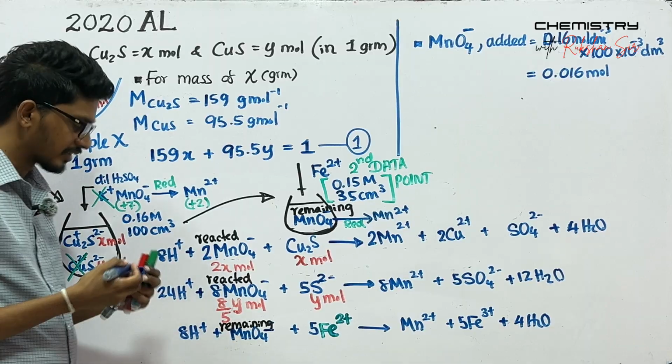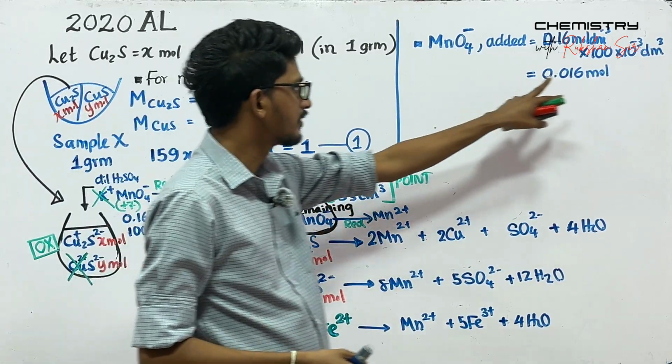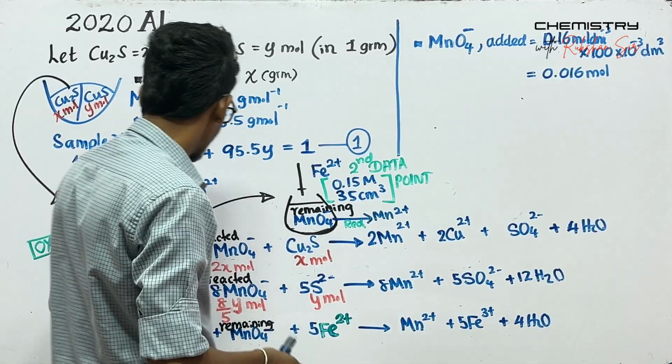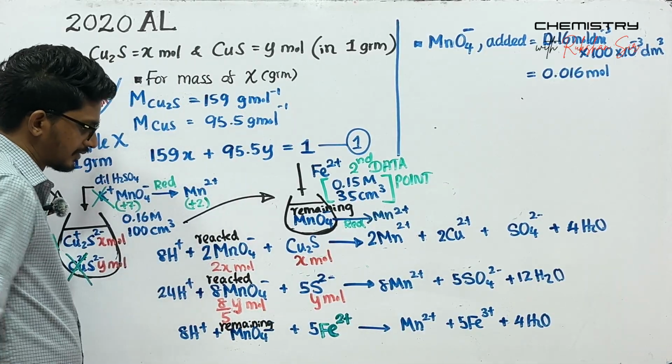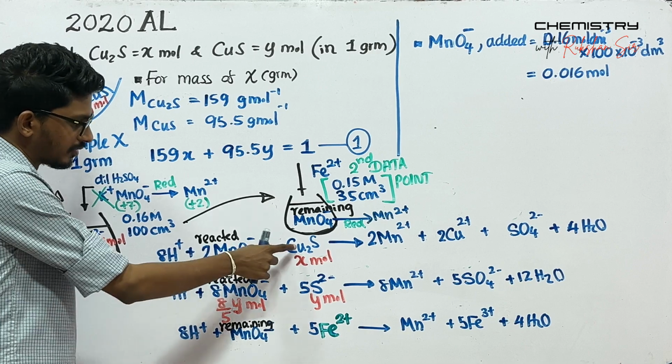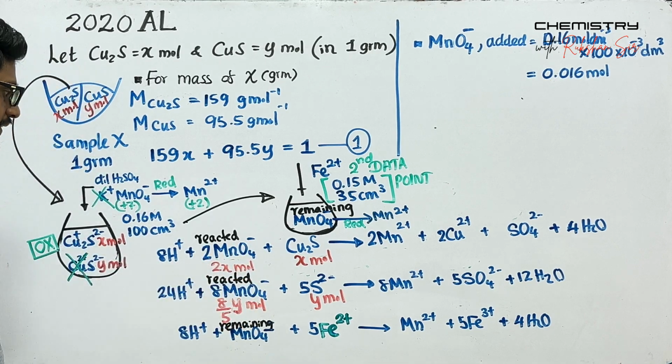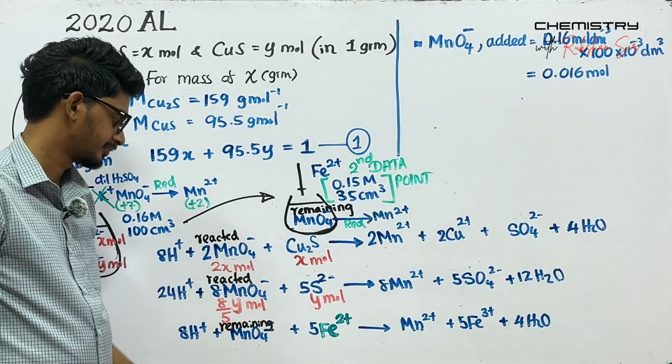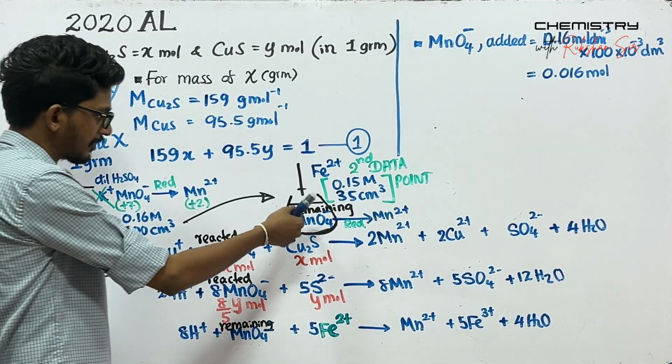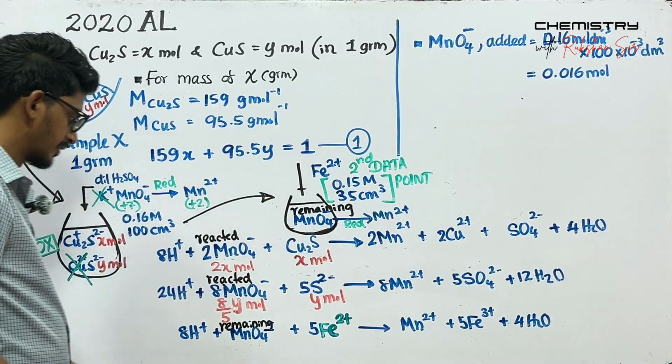So the remaining MnO4 minus amount is actually this total amount minus the reacted amount with the Cu2S and the S2 minus. That is the remaining amount of MnO4 minus here, which will then react with the Fe2 plus.